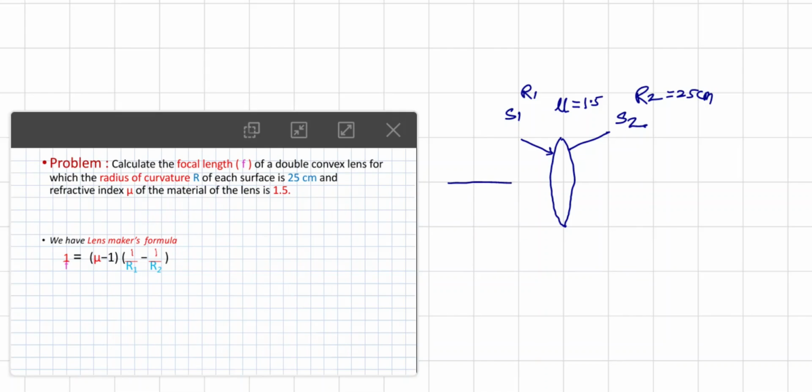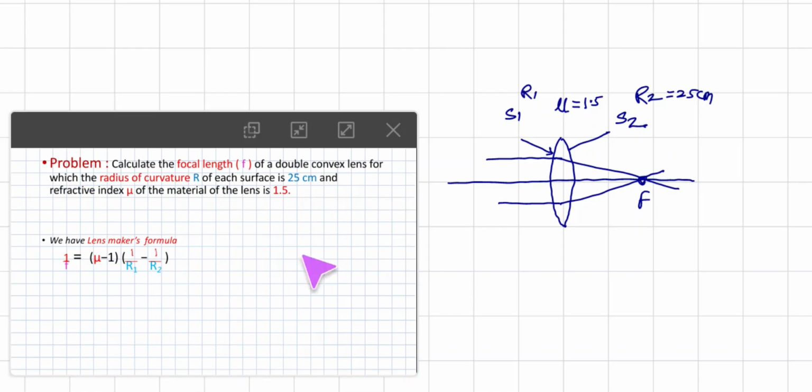Here this is the optical axis, and what is focal length? Whenever parallel rays are incident on the lens, they refract, and the point at which they intersect the optical axis is called the focal length, which we have to find out. Now we know the relation: 1 upon f is equal to (mu minus 1) into (1 upon r1 minus 1 upon r2).